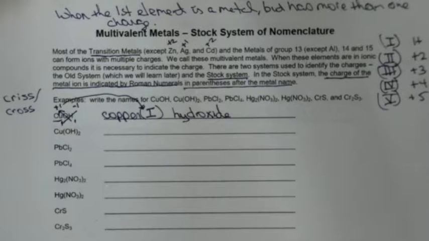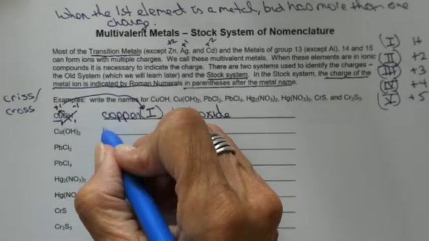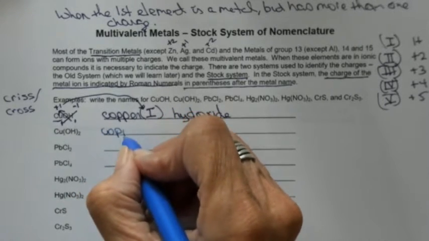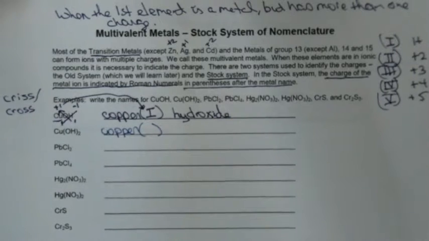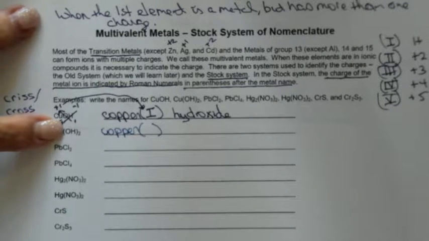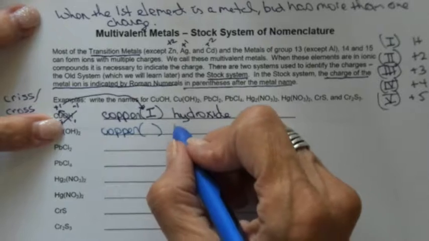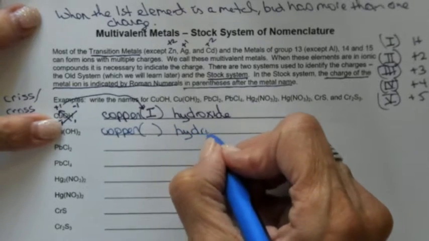Compound 2, I see that I have Cu again. Just as we discussed, this is a transition element. It has multiple charges, so I'm going to write its name and add the parentheses, because I do not know at this moment what copper's charge is. I look at OH, so I write hydroxide.